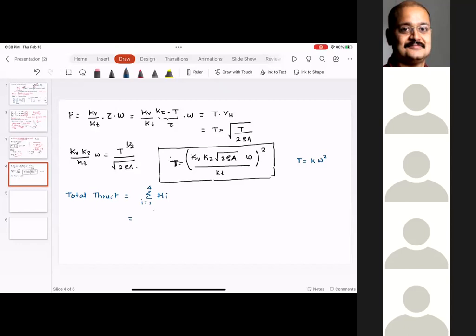So I can write this down as the force in the x, force in the y, and force in the z is omega i square multiplied by k, summation 1 to 4. So this equation would look like 0, 0, k1 omega 1 square plus k2 omega 2 square plus k3 omega 3 square plus k4 omega 4 square.